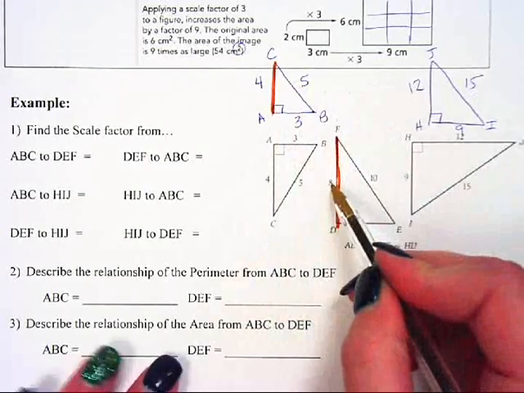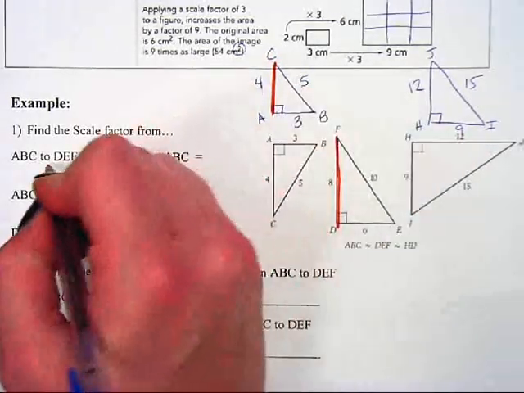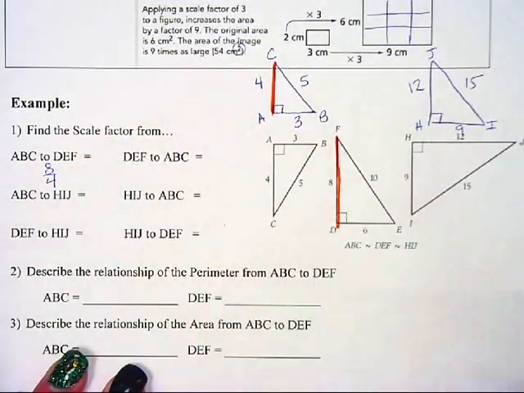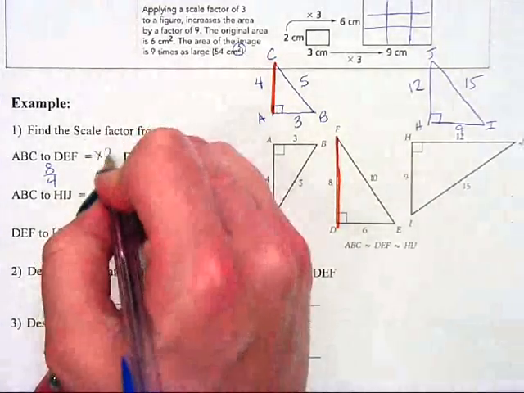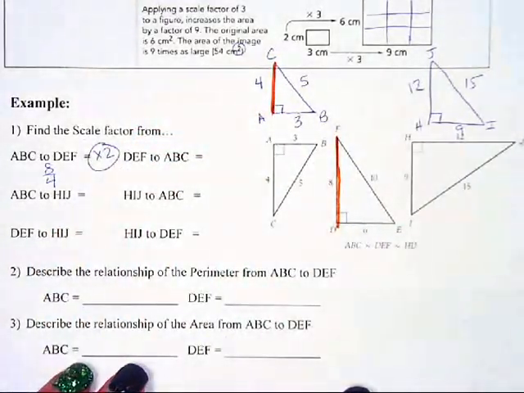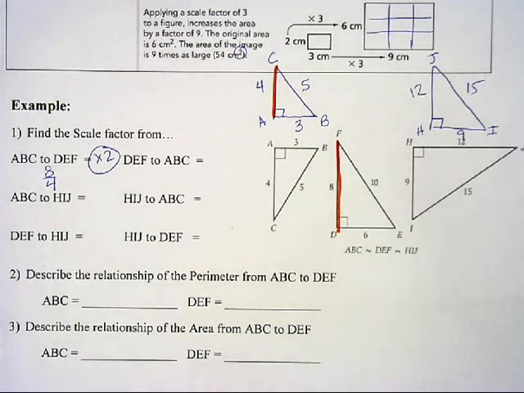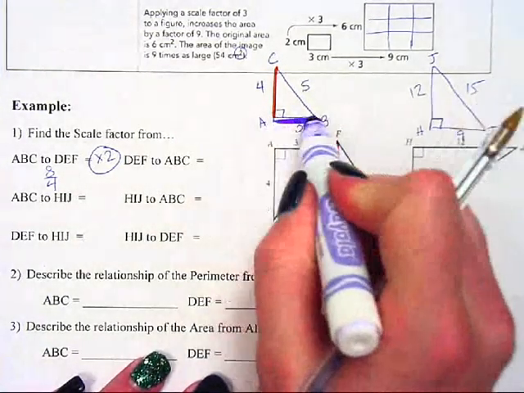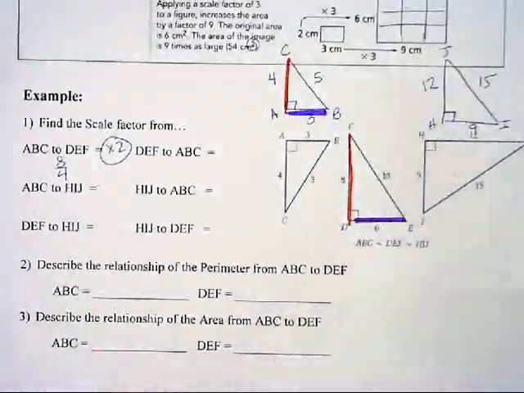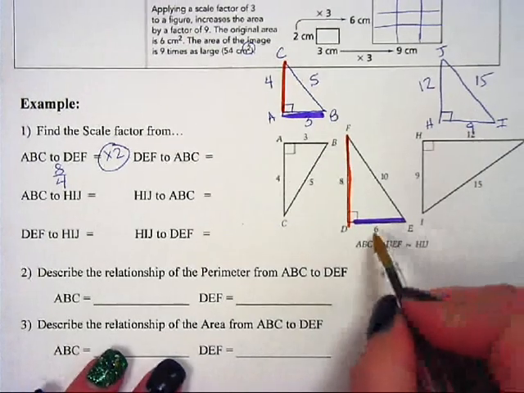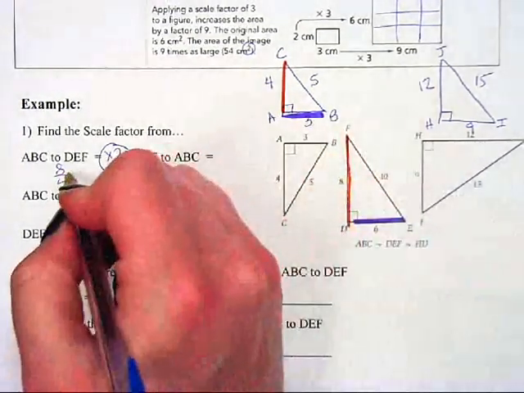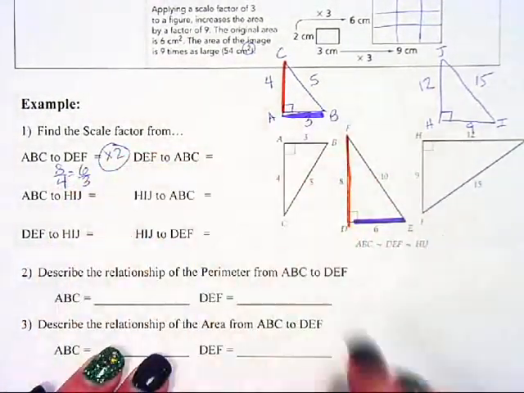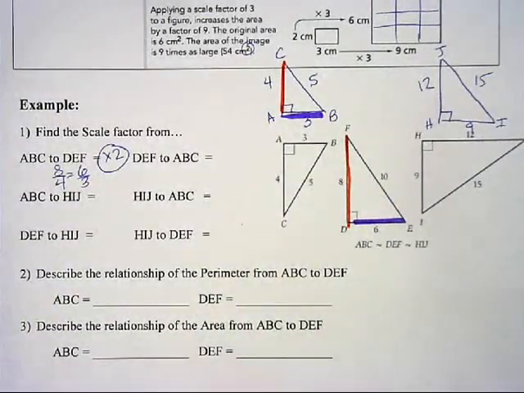My image is 8, the original one is 4. My scale factor is times 2. You can also compare the other sides. A to B corresponds with D to E. My image is 6, my original is 3. That's still a scale factor of times 2.